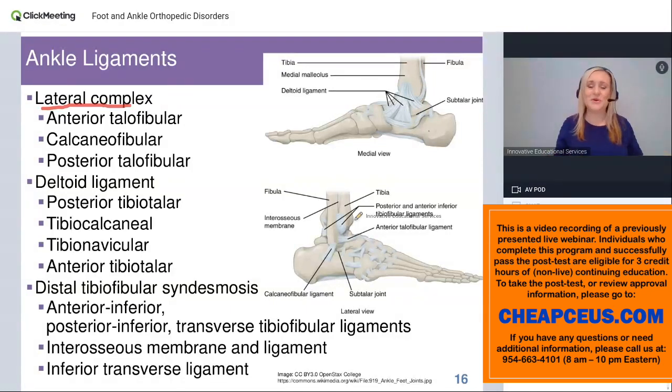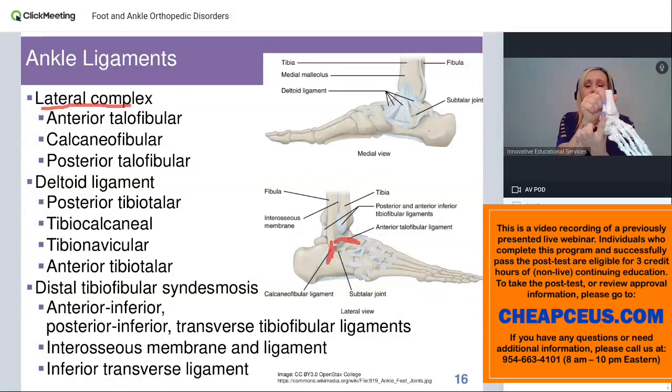So much simpler. As we look at the orientation of the fibers, that anterior talofibular ligament, by being located here, is going to limit that anterior translation. The calcaneofibular ligament, those fibers are almost vertical. So because those fibers are almost vertical, it's rare that you're going to have an isolated injury in that area.